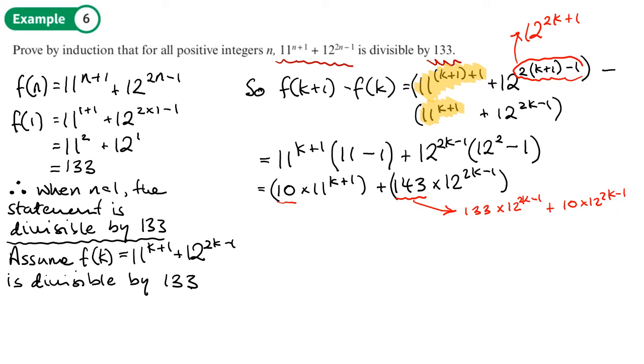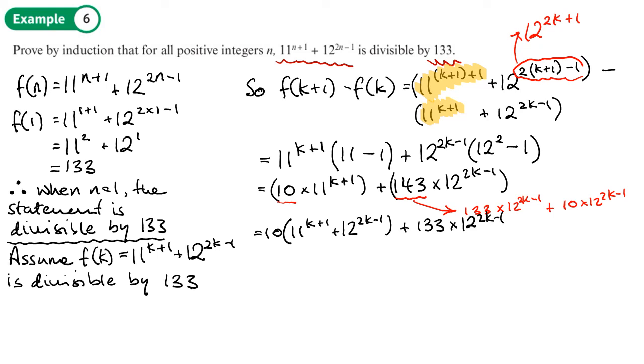So what we'll do, let's take 10 out as a factor. So when I do that, I'll have 10 lots of 11 to the power k plus 1 plus 10 lots of 12 to the 2k minus 1 plus 133 lots of 12 to the 2k minus 1.